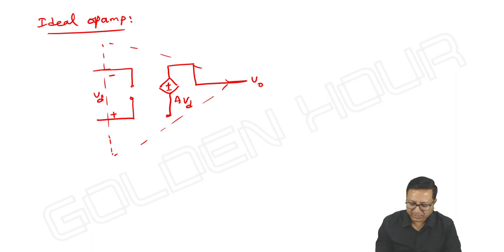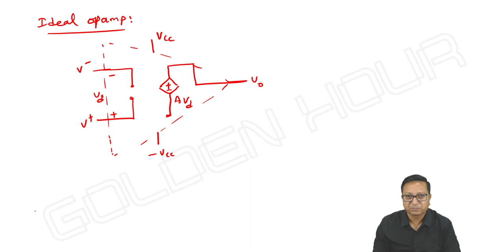Or you can even take a practical op amp also, doesn't matter. Anyway, if I take this one, inverting and non-inverting terminal, the op amp has the power supplies VCC, minus VCC, like this, and here it is V minus and V plus, VD. So ideally input impedance is infinite. Due to infinite input impedance, the current entering into any of the input terminals is always 0.